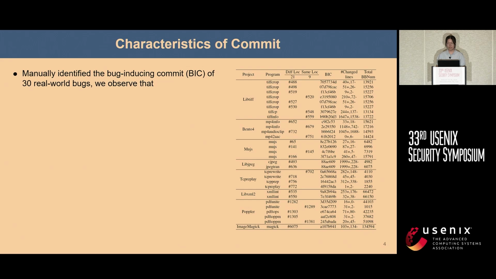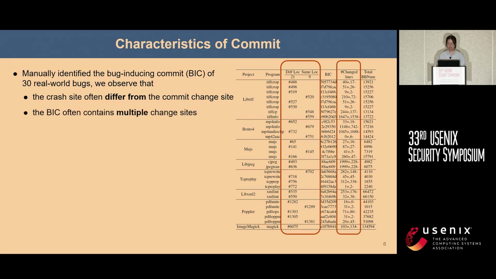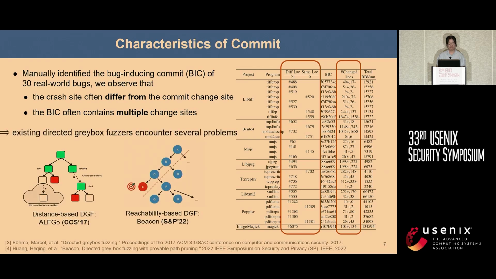To better understand the characteristics of commit-introduced bugs, we studied the recent closed issues of some projects reported on GitHub and GitLab, and manually identified bug-inducing commits of 30 real-world bugs. We then observed that first, the bug's crash sites often differ from the commit change site. Second, the bug-inducing commits often involve multiple change sites.